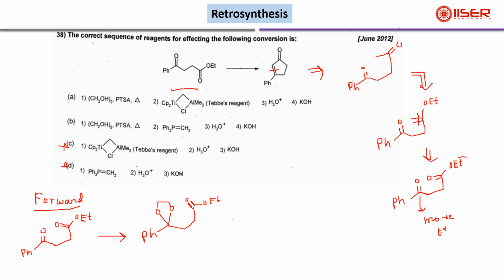So this will be from the alkene. In the next step, if you just add H plus, what will happen? This will be deprotected.